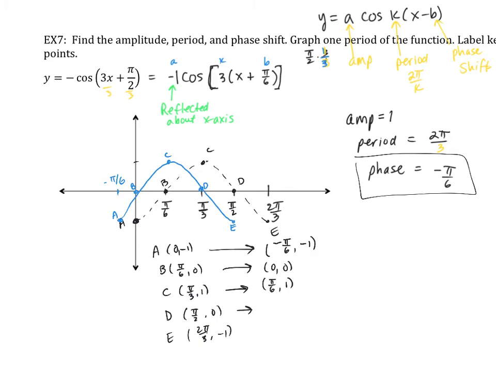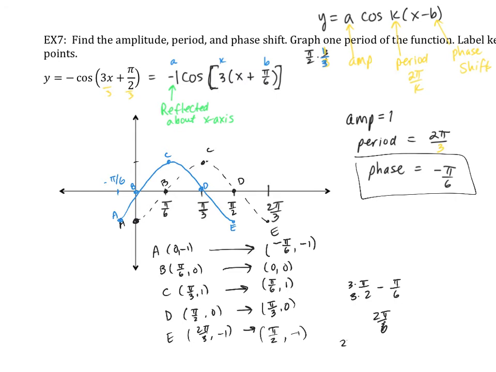Subtracting pi over 6. What do we have? Pi over 2 minus pi over 6. Get a common denominator, right? So then we would have 2 pi over 6, which is just pi over 3. And this one goes to pi over 2, -1, right?